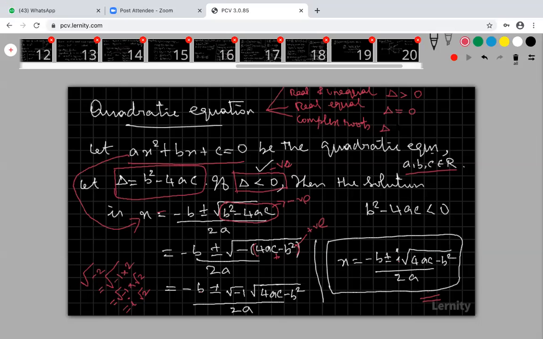If my delta is less than 0, then the solution is a complex number. Why? It is in the form of a plus ib. This is the real part, this is the imaginary part. Therefore, these are called complex roots.